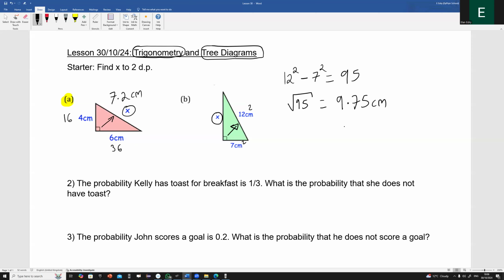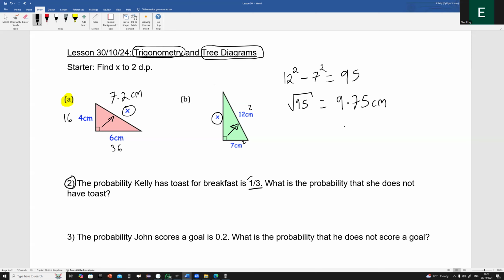Okay, right. So have we had a go at question two? The probability Kelly has toast is a third. What is the probability that she does not have toast? That's fine, no problem.